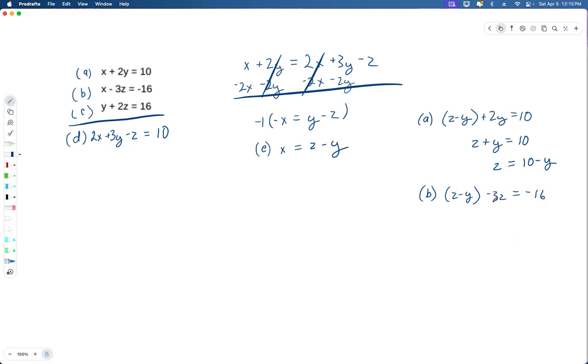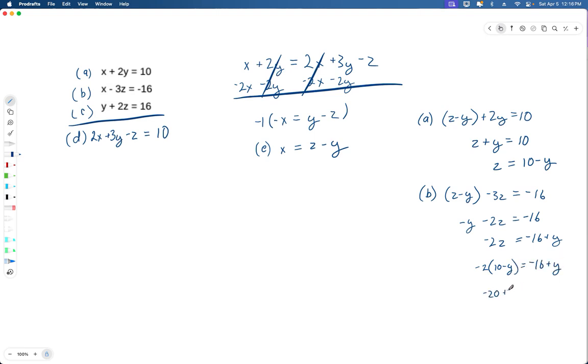So that's going to be a negative y minus 2z is equal to negative 16. Negative 2z is equal to negative 16 plus y. So I can put in the value of z here, negative 2 times 10 minus y, so I can solve for y, finally.